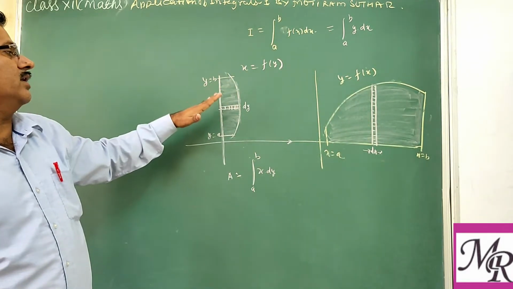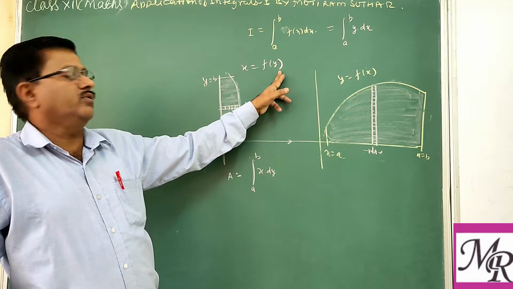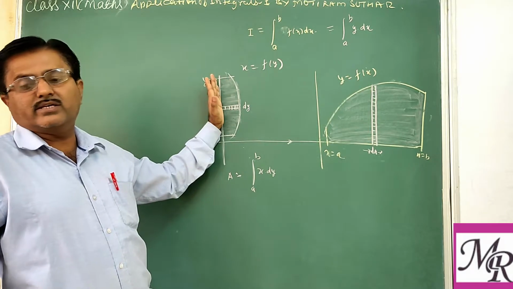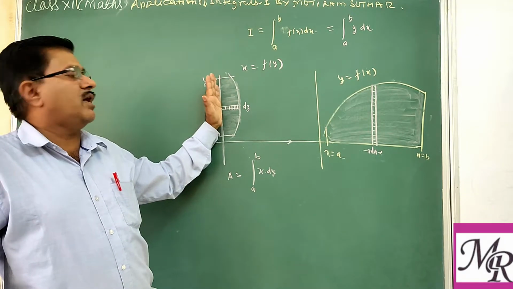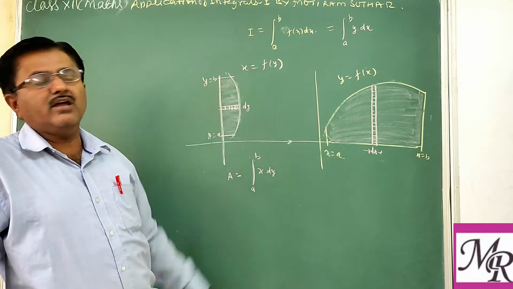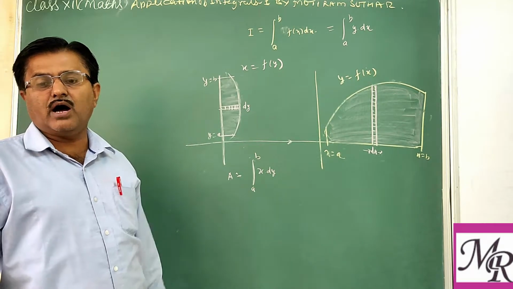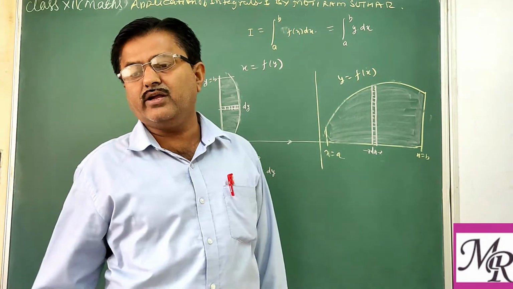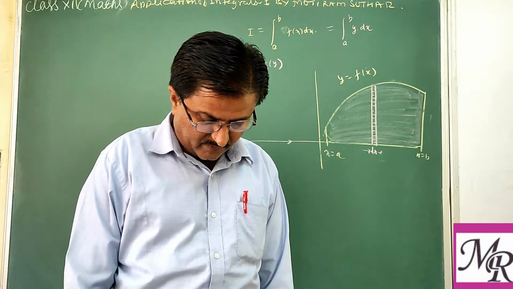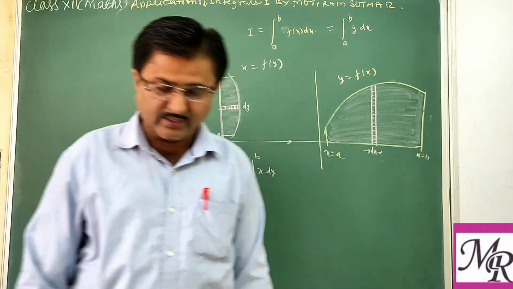Similarly, if we want to find the area covered by the curve x equal to f(y), between the lines y equal to a, y equal to b, and the y-axis, we can find it by using the definite integral, and we know how to solve the definite integral. So the basic concept is there. We can find the area represented by the definite integrals.